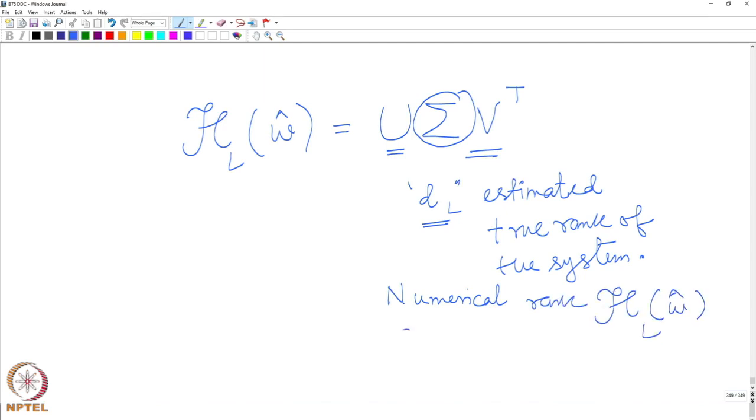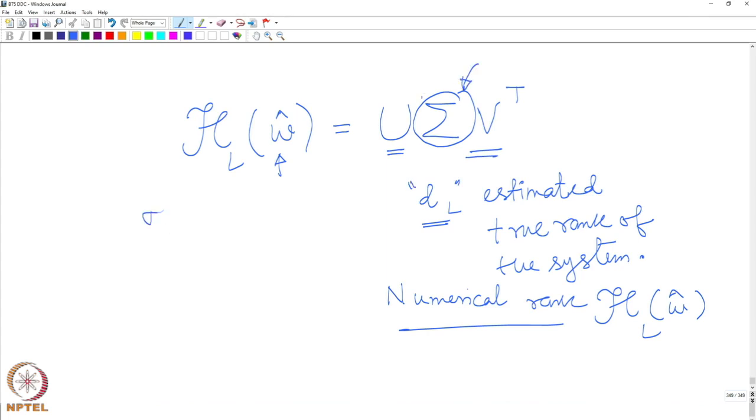What is meant by numerical rank? When this noise is there, if the noise has some bounds on it, not too large or too heavy in some sense, you can find out this expected rank by looking at these singular values.